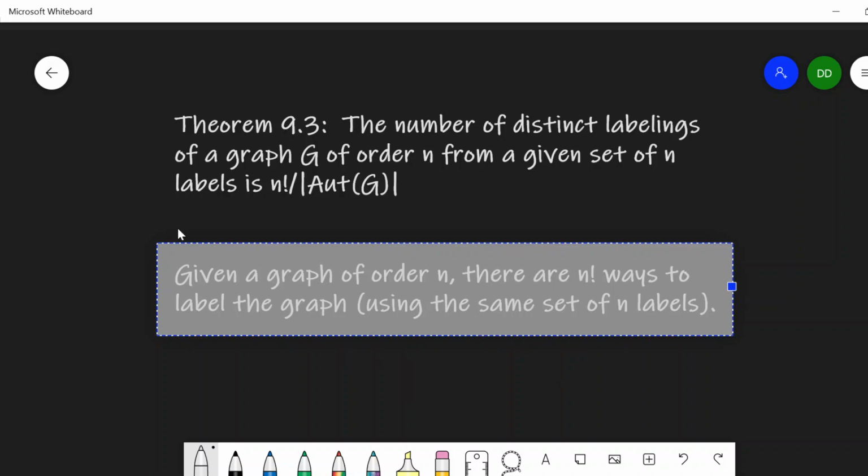However, some of these labelings are really going to be the same, right? These labelings are going to be the same if there's some automorphism to get from one labeling to the other.